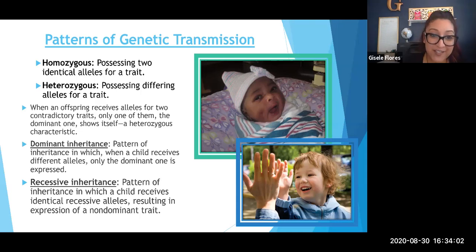Having 6 fingers is the dominant trait, which means if you have more than 5 fingers on one hand, it is possible that one of your parents passed on the dominant allele for more than 5 fingers on one hand. But if you have 5 fingers on each hand, chances are you got a recessive allele from your mother and a recessive allele from your father for 5 fingers, and therefore have 5 fingers on each hand.